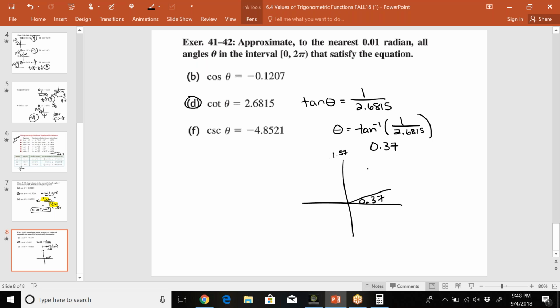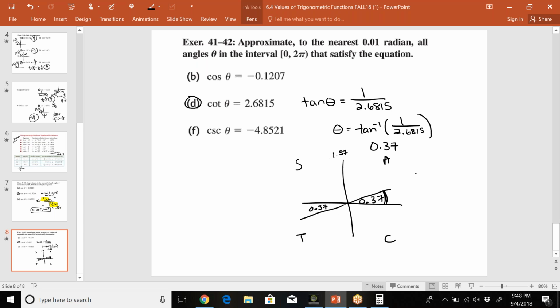Okay. All science teachers are crazy. This is tangent again. The places that tangent has a positive ratio, and notice this is positive, is in quad 1 and 3. So that means there's also another, and this is the reference angle because it is measuring from the x-axis to that angle, which is also 0.37. We'll do one in class together where that's not definitely the reference angle right away, and show you how to do that. That happens with cosine usually.